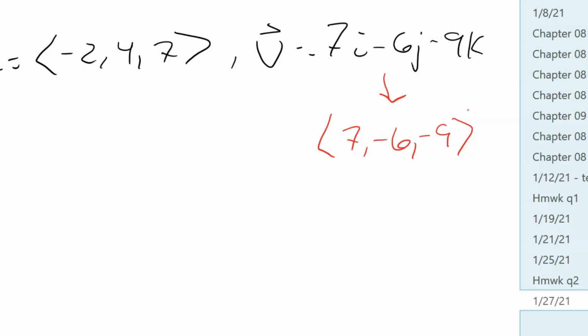And then I can just multiply everything in u by 2 and then add it to v.